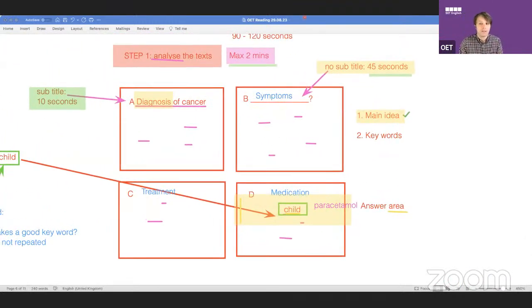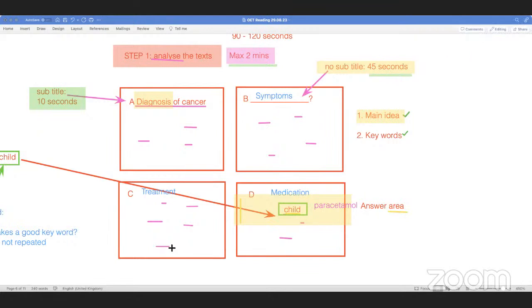Does that make sense? For example, here, we found the main idea, treatment. We find that, and then we underline 1, 2, 3, 4, 5 words. It's all at the same time. Anyone else, any other questions?